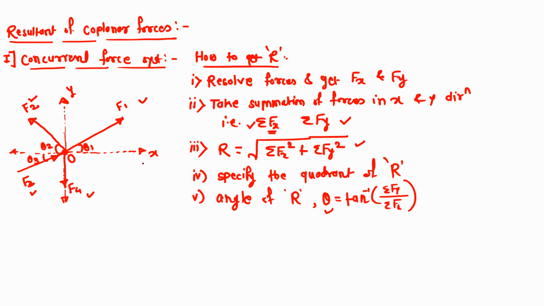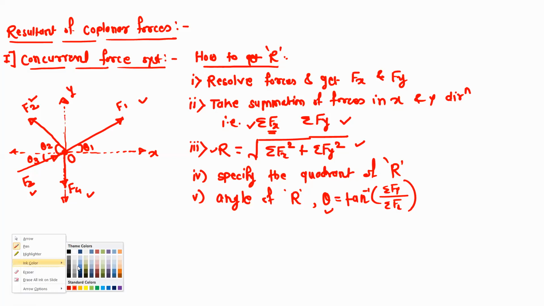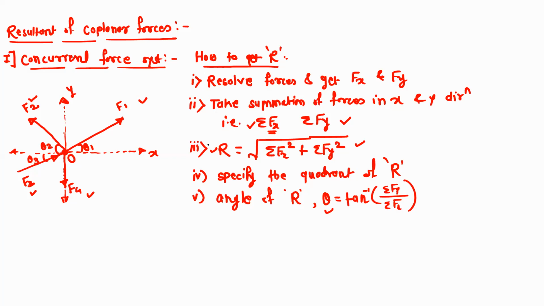Okay. So that means if you replace all these forces by the single force resultant, then this resultant may lie in the first quadrant, second quadrant, third quadrant, or fourth quadrant. Okay. So that resultant will be nothing but a single force. Okay.